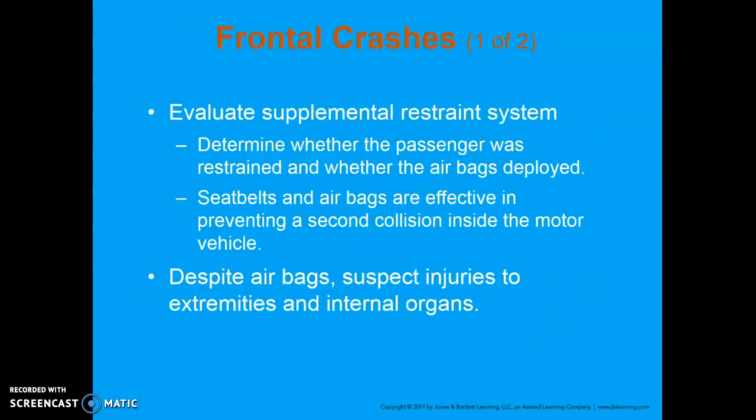For frontal crashes, you want to evaluate if a restraint system was used. Hopefully their seatbelt was positioned properly in the 3-point method. So it should go over their chest, attach at that hip, and then go over the hips, the low portion of the hips.